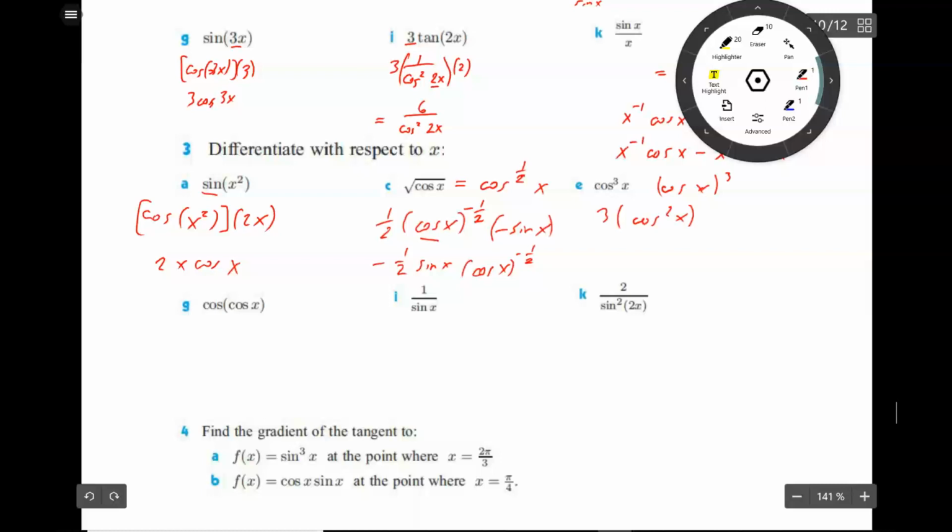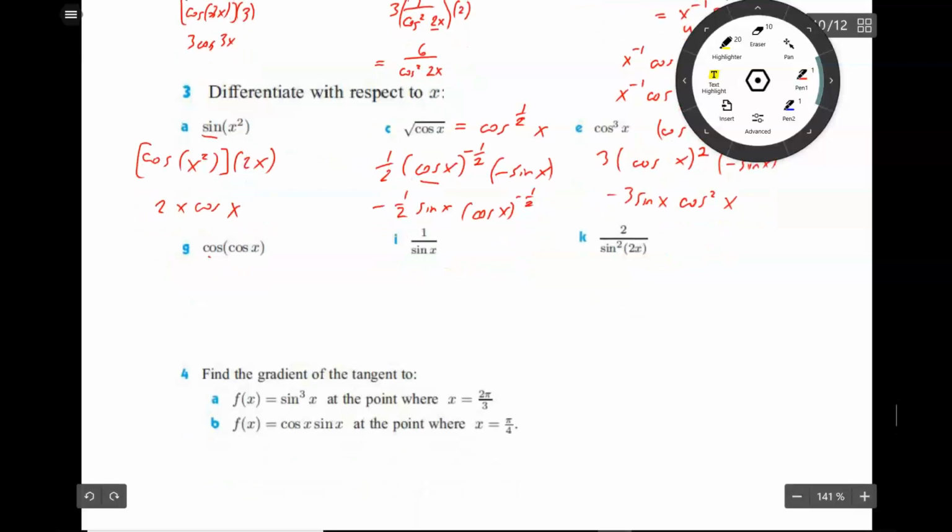Don't be confused by the fact that there's a 2 there, because this is just the way they happen to write it so that they don't need so many parentheses, but we could put the squared here, maybe it's more clear. Then I'm going to multiply it times the derivative of the inside, so negative sine x. And then I'm going to rearrange it so that I don't need so many parentheses, so I'm going to put negative 3 sine x cosine squared x. Okay?